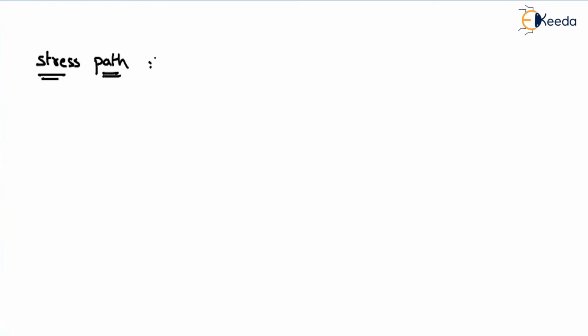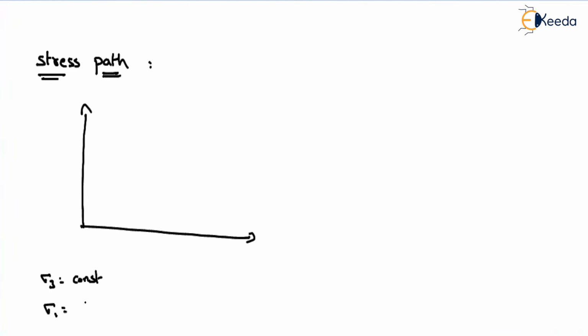So, stress path is nothing but a representation of a plot showing only maximum shear stresses and also the stress at that point.